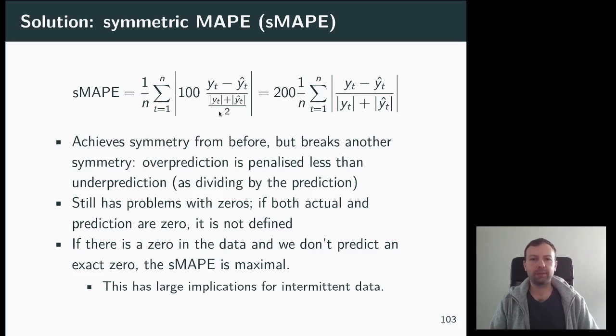So now what happens if the actual is 0? You are effectively dividing YT hat by YT hat, which gives you a 1. That means no matter what YT hat is, if it's non-zero, you will always get 200 for the sMAPE.